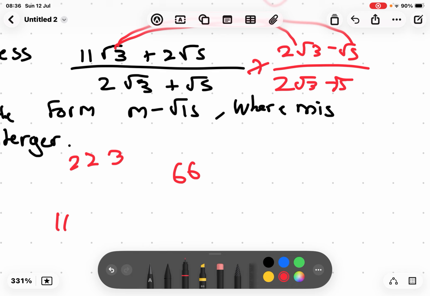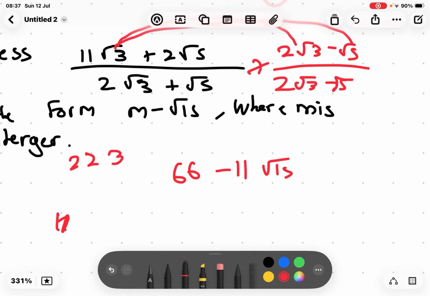And then now this. So 11. Oh, what would that be? Would that be negative 15? Yeah, it would be. And then, so, negative 11, 15. Oh, it would, yeah.